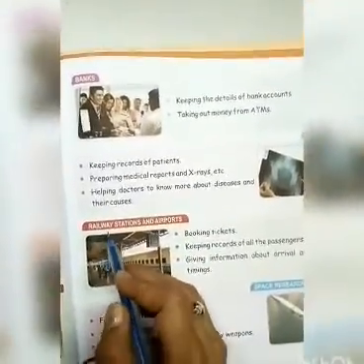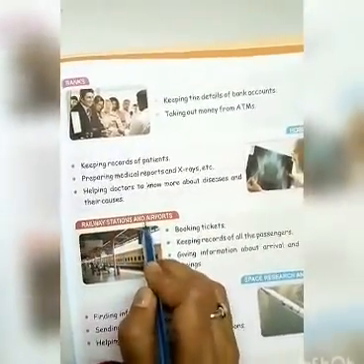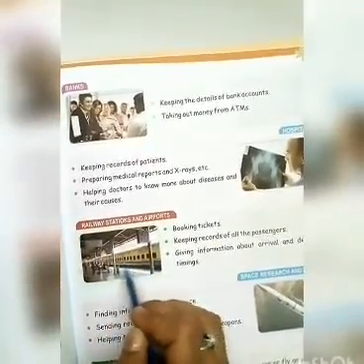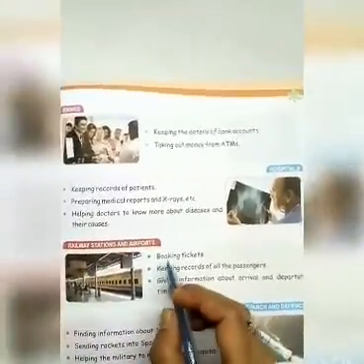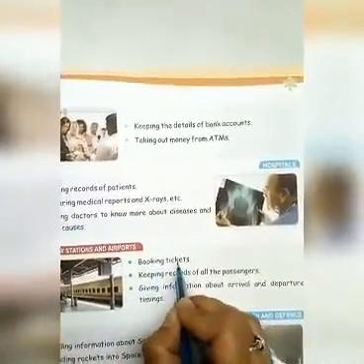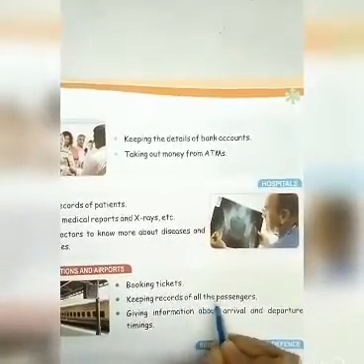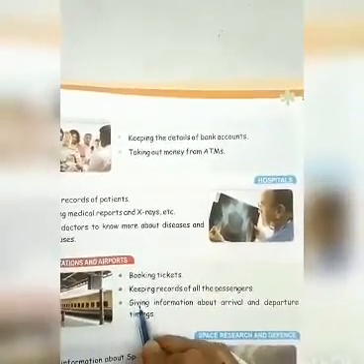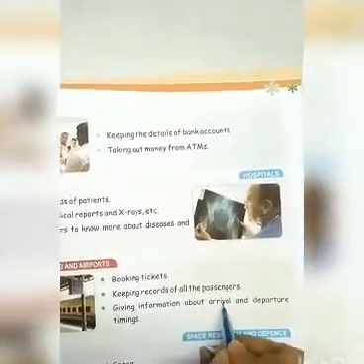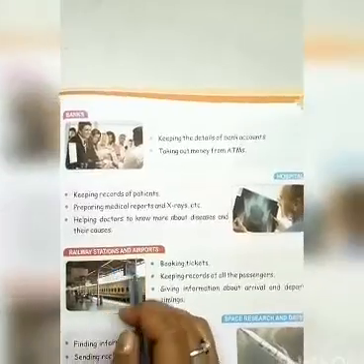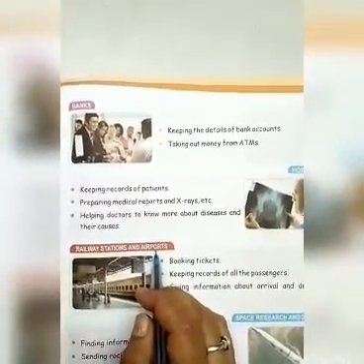Now next place is railway stations and airports. You can see in this picture it is a railway station, and how it is used there. The computers are used for booking tickets, then keeping records of all the passengers and giving information about arrival and departure timings of the trains as well as of the airplanes.